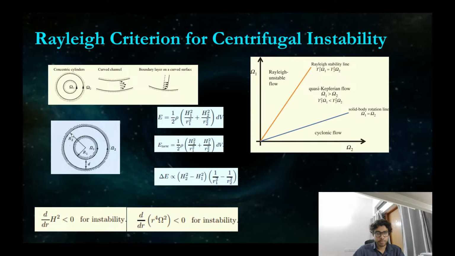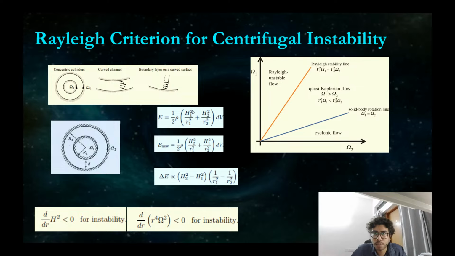So that's what we do over here, and we check what is the initial energy of the blob of fluid when it was at R2, and this energy was given by this thing, h1 square by r1 square plus h2 square by r2 square, right? And similarly, if we have the blob of fluid at a new location, so h square is basically omega square r to the power 4, right?